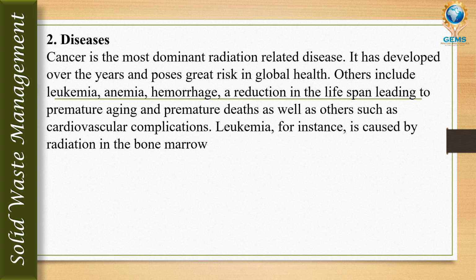Leukemia is very important, because it deals with the bone marrow. It is a cancer in the bone marrow. It cannot be destroyed that easily. So this kind of disease will come out if the person has been truly exposed to radiation.